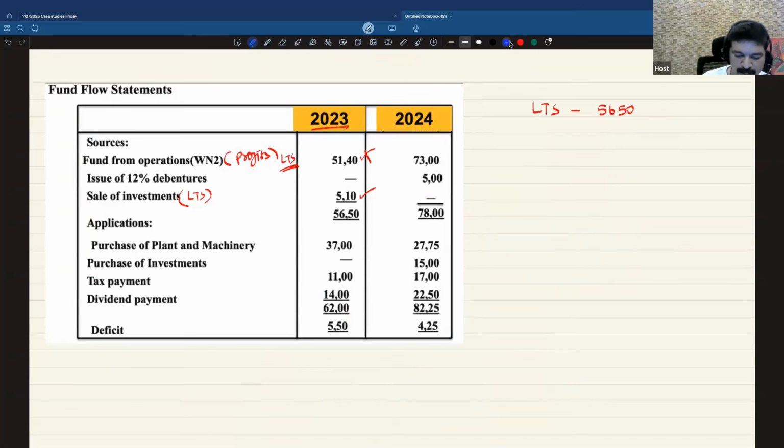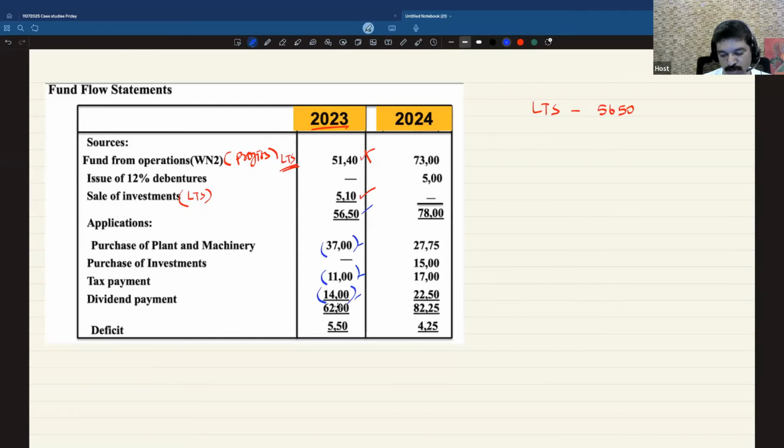Now, what they did, they have used this money for three different purposes: purchasing plant and machinery, paying taxes, and paying dividend. So now position yourself as the finance manager or the business owner. You have long-term funds of 5,650.